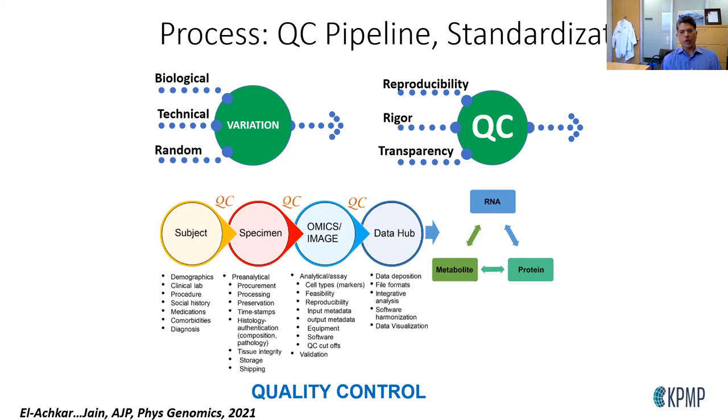And same thing when you're doing your assays, whether it's omics assays or imaging assays, you want to also capture the analytical components, whether it's instrumentation, whether it is markers that you're using, and whether they're software, and what quality control cutoffs that you're using, and to list those so that the users can interpret the data that you have generated.